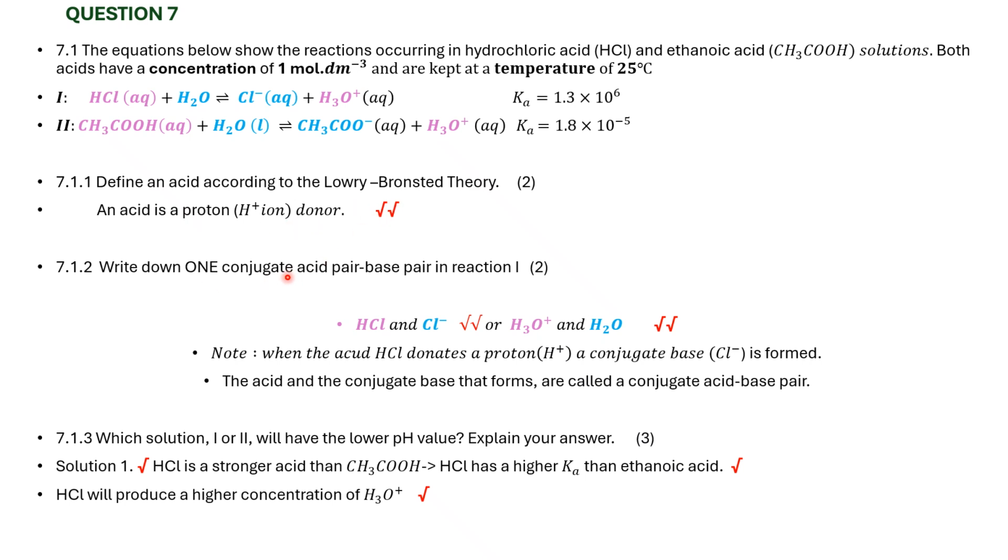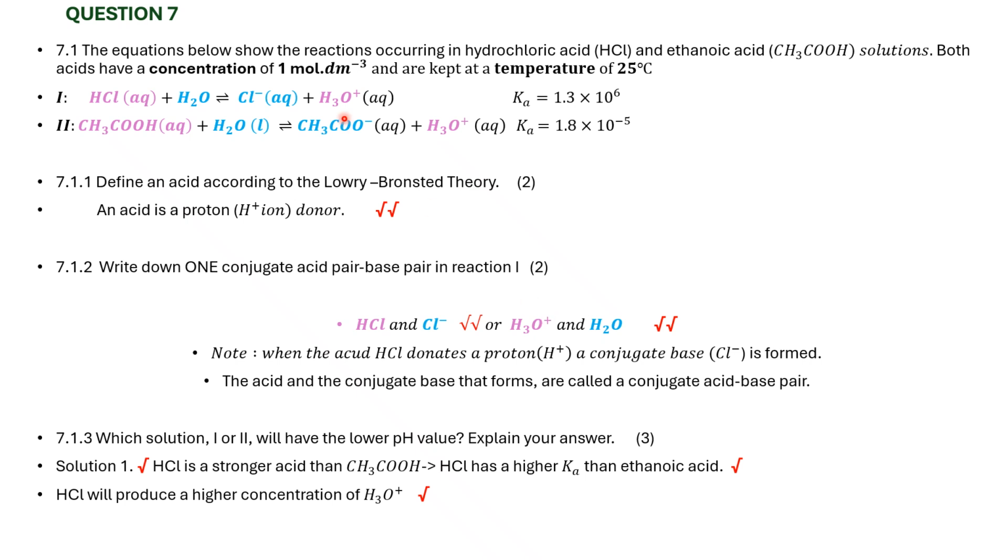Write down one conjugate acid base pair in reaction 1. There, hydrochloric acid and chloride form a conjugate acid base pair. So hydrochloric acid is the acid. This here would be the base, because the acid donates the hydrogen to form that, but this would accept the hydrogen to form that. Therefore they are a conjugate acid base pair.